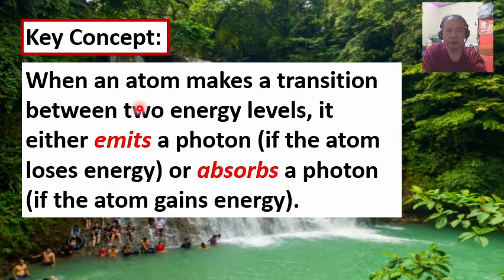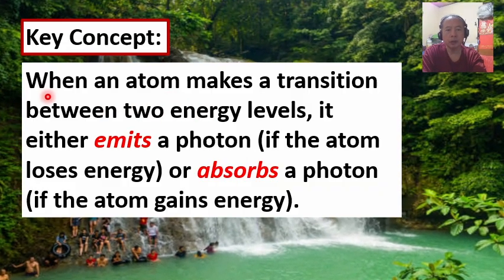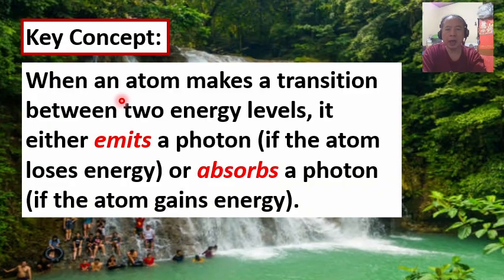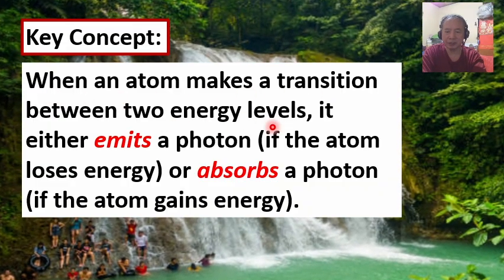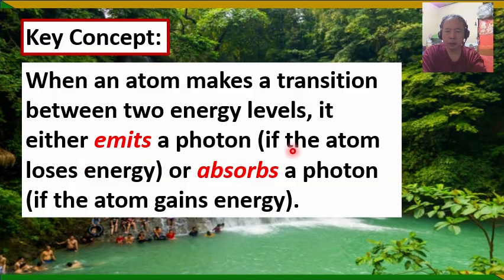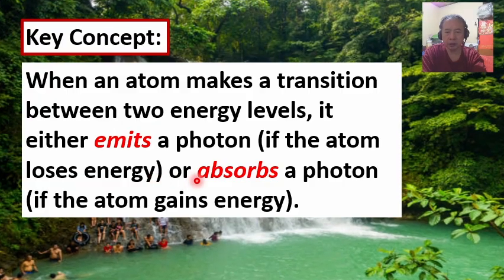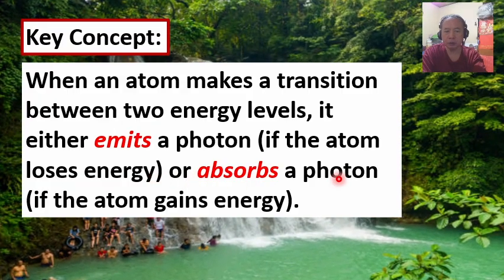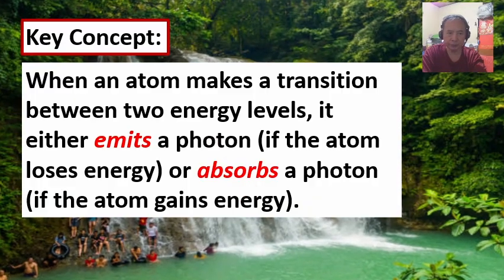Giving emphasis on the key concept applied in this problem, we say that when an atom makes a transition between two energy levels, it either emits a photon if the atom loses energy, or it absorbs a photon if the atom gains energy.